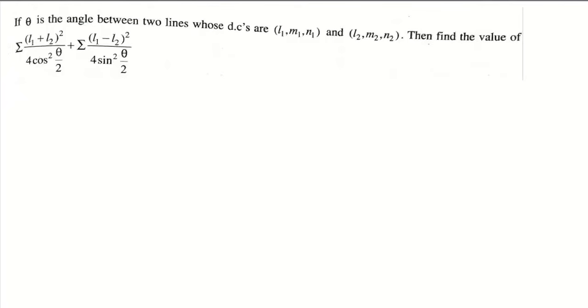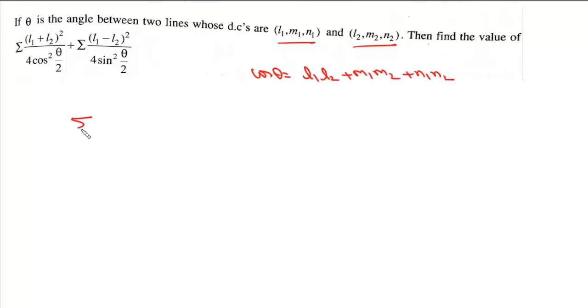Now it says, if theta is the angle between two lines whose direction cosines are L1, M1, N1 and L2, M2 and N2, then find the following value. Now we know that if the angle is theta, then cos theta is L1 L2 plus M1 M2 plus N1 N2.